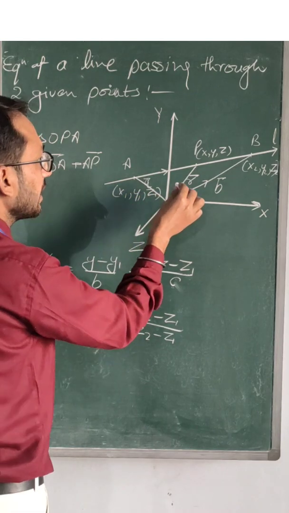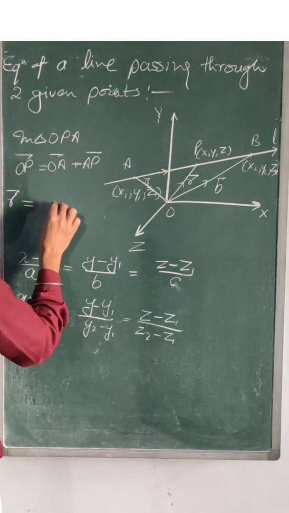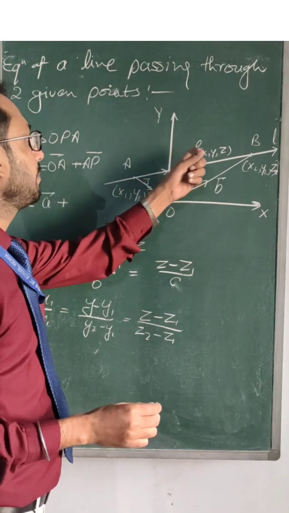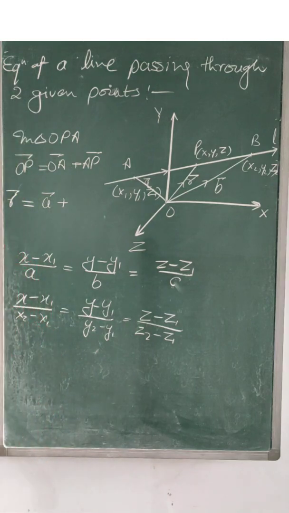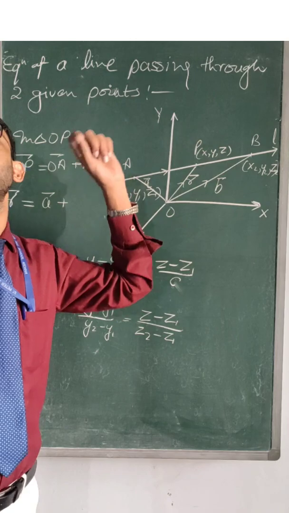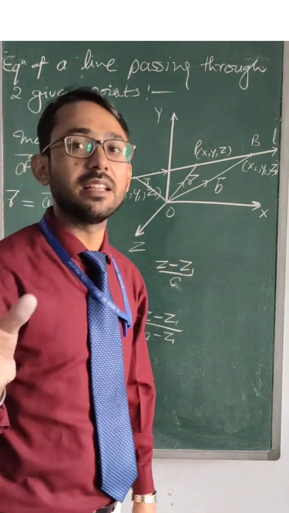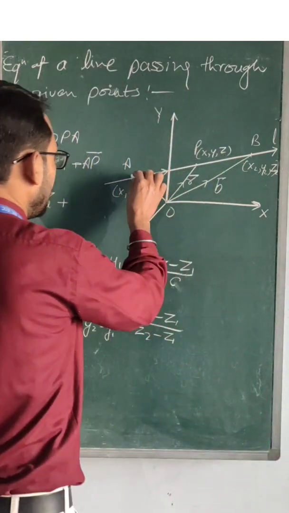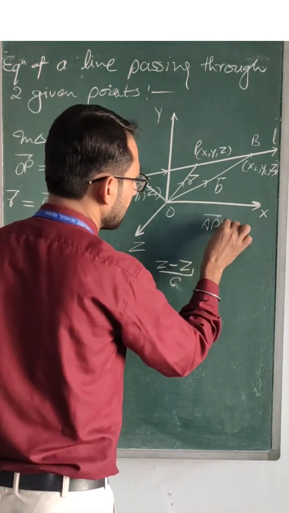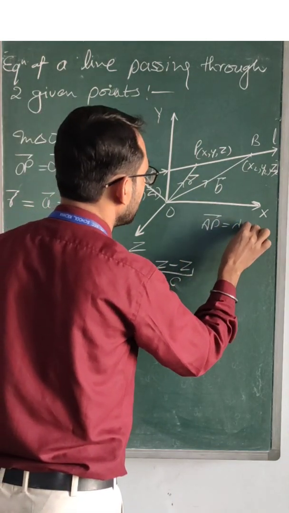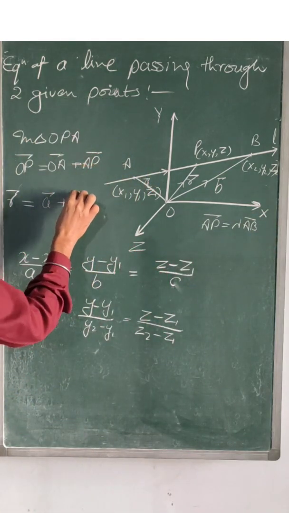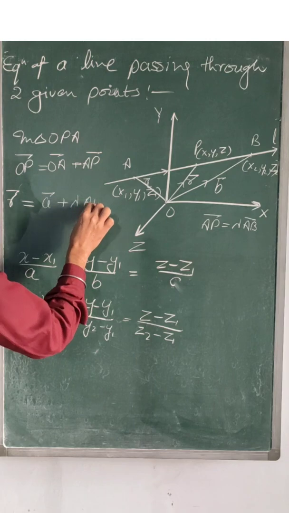OA vector is A vector, plus AP vector. About the AP vector I cannot say anything specific because P is a general point. So AP vector is equal to lambda times AB vector. I could write AP as lambda times AB.